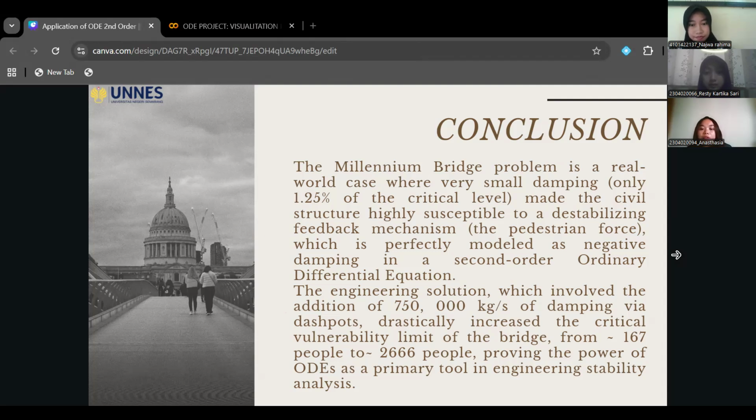The engineering solution, which involved the addition of 750,000 kilogram per second of damping via dampers, drastically increased the critical vulnerability limit of the bridge from 167 people to 2,666 people, proving the power of ODEs as a primary tool in engineering stability analysis.